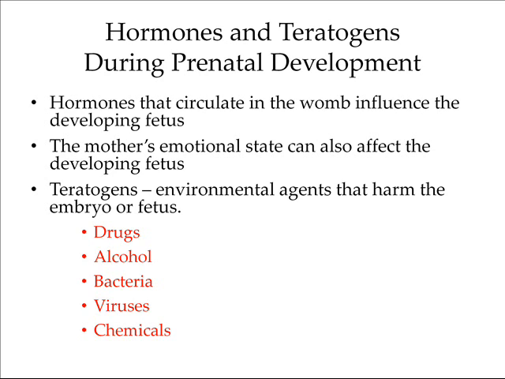Stress can have a similar effect, resulting in stress hormones, which can result in low birth weight and negative cognitive and behavioral outcomes. Teratogens, which are environmental agents that can damage the embryo or fetus, can also have a major impact on physical and cognitive development.